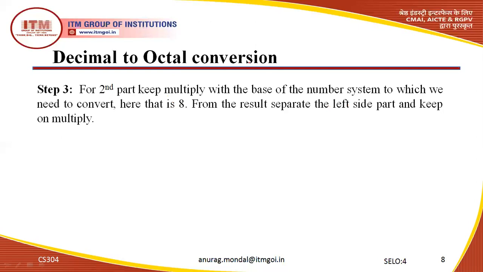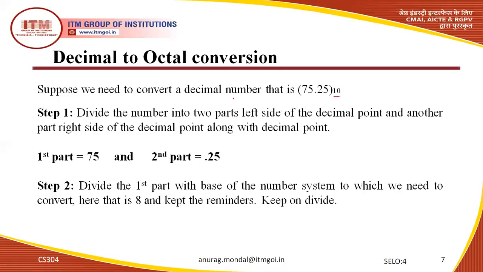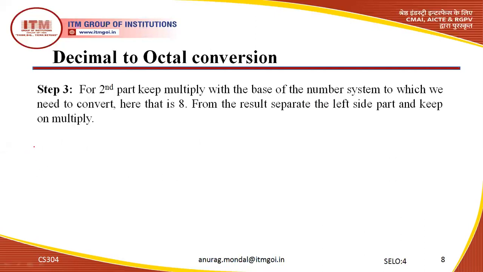So I just showed you what I want to tell you within these 3 steps. We have 75.25. Okay, so let me write down here 75.25. So this is nothing but a decimal number. We need to convert it into the octal number.